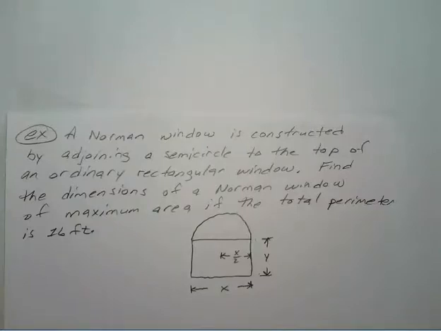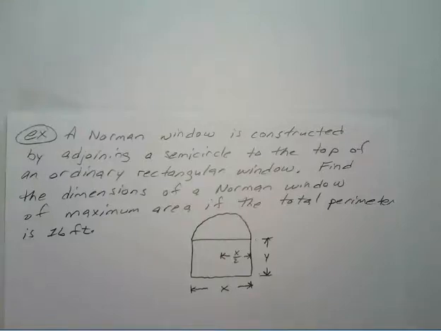Okay, now with this one, we're not going to go through step 1, step 2, step 3. We're going to solve it, but we're not going to go through each individual step. I'm doing that because the guidelines and the steps are more to get you started. The more you practice, you'll come up with your own steps and your own guidelines. So you won't have to use them once you get enough practice under your belt.